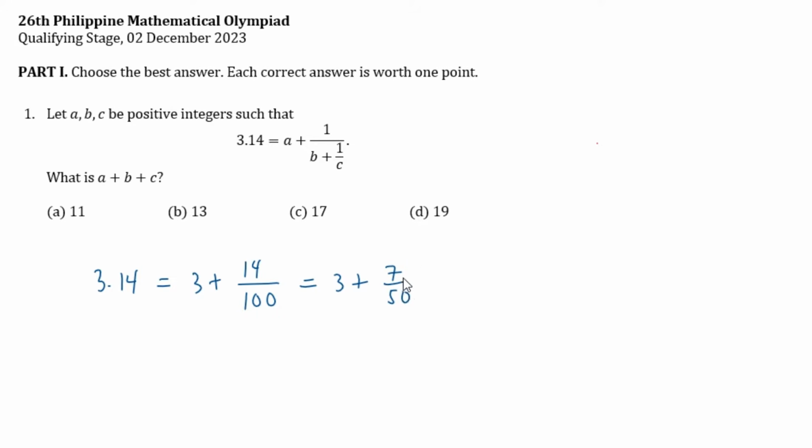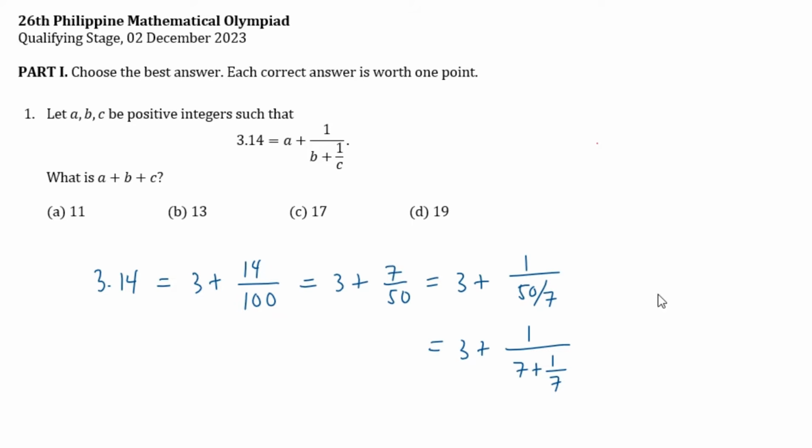Now, we can write 7 over 50 as 1 over 50 over 7. And then 50 over 7 can be written as 7 plus 1 over 7. 50 over 7 is just equivalent to the mixed number 7 and 1 over 7, which is the same as 7 plus 1 over 7.